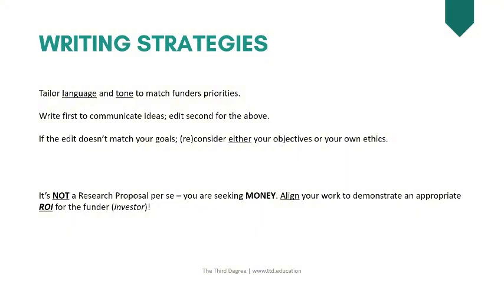Now, here's the problem. If when I edit this, my application doesn't match my goals, I've had to change it to fit them, and I don't like what I see, I've got to reconsider one of two things. Either I reconsider my objectives. So yeah, I still want this money.